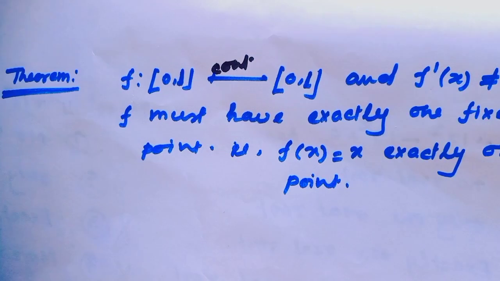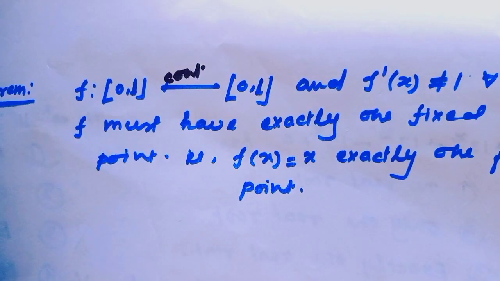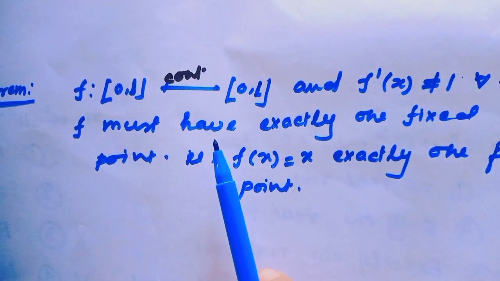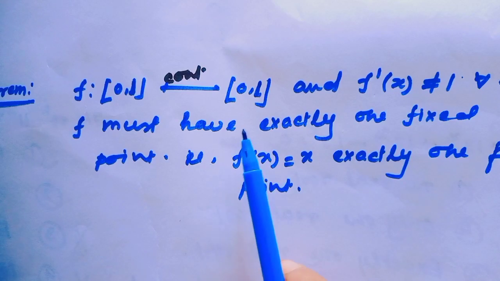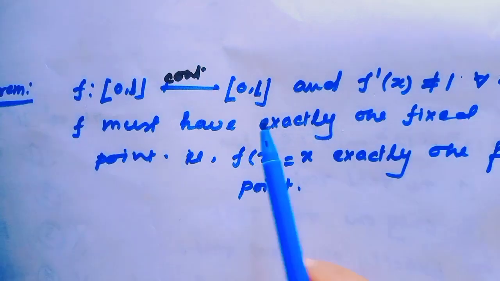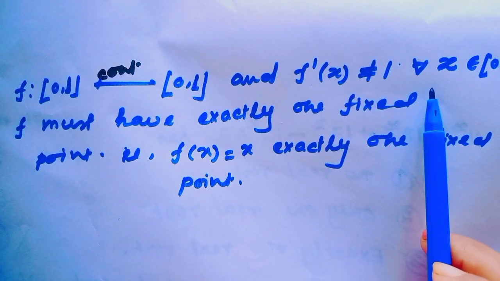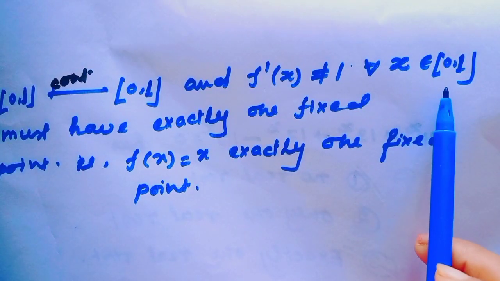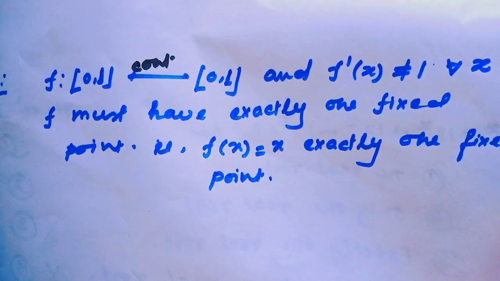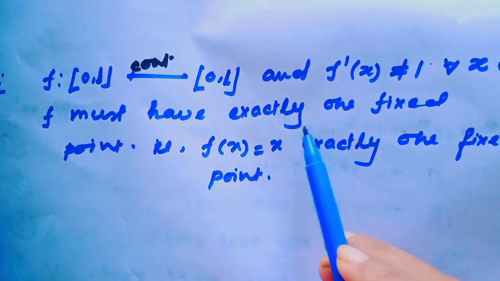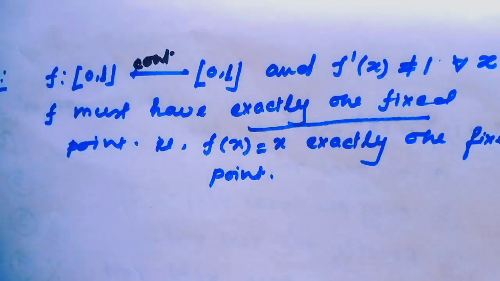There exists a nice theorem: if f is a continuous function from [0,1] to [0,1] and f prime x is not equal to 1 for all x in (0,1), then it must have exactly one fixed point.